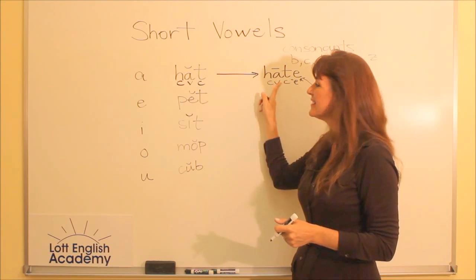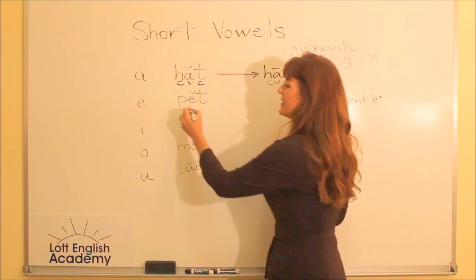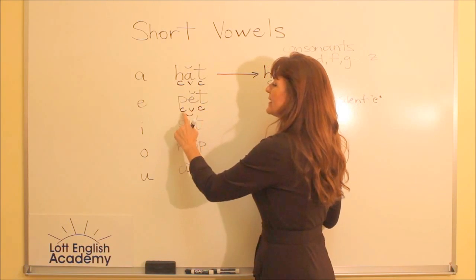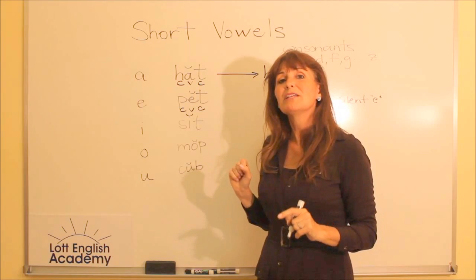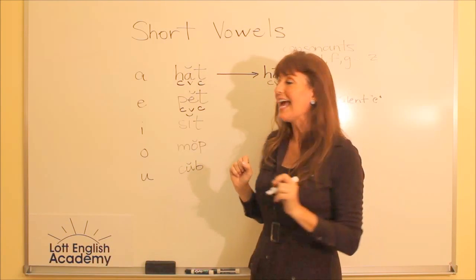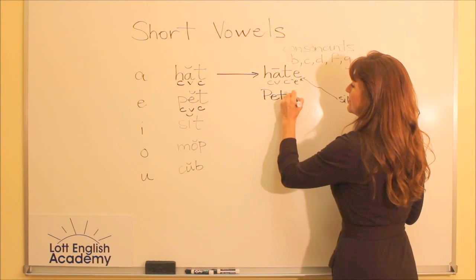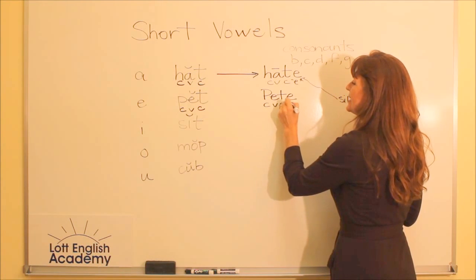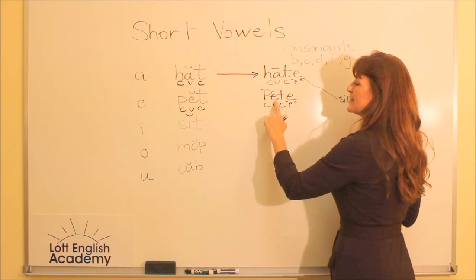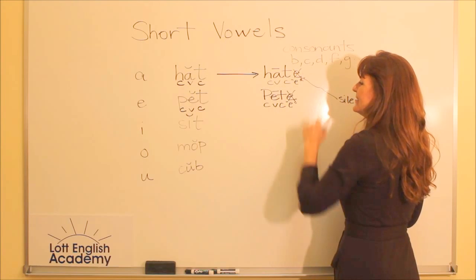Let's look at this word. P-E-T, consonant, vowel, consonant. Because it's consonant, vowel, consonant, it's a short E. But if we add an E to the end, it becomes a man's name. Consonant, vowel, consonant plus E. Now this is a long E, silent E at the end.